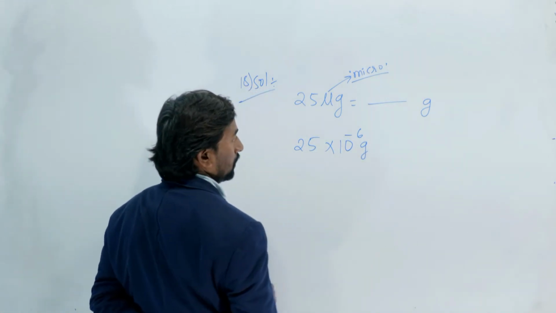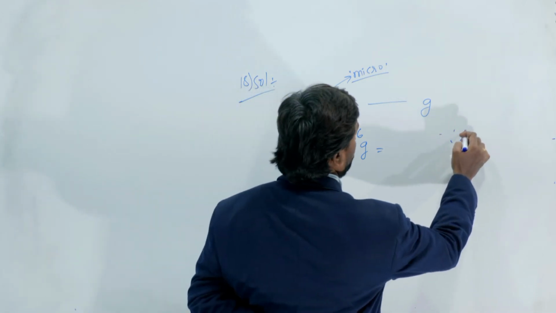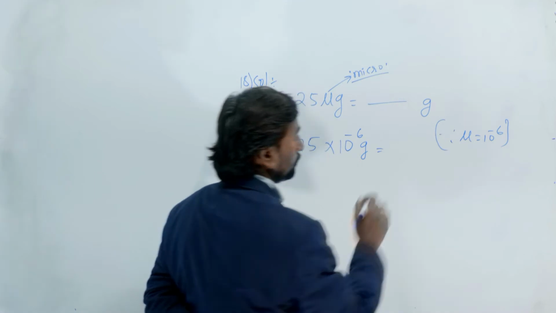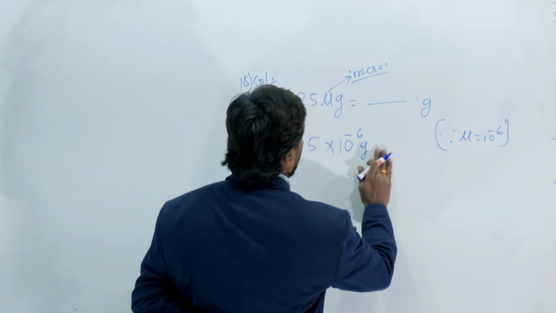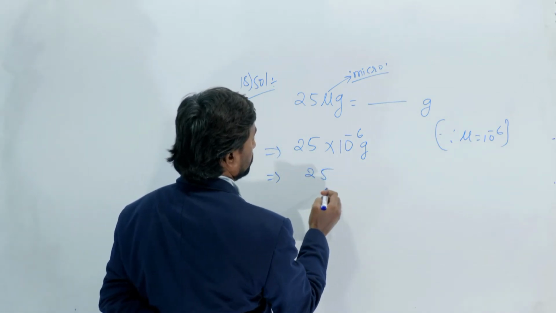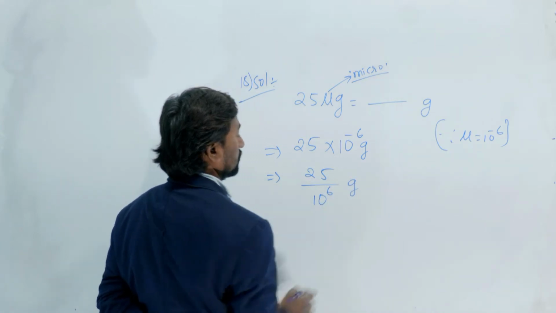So mu is nothing but 10 to the power of minus 6. Now we can write 25 divided by 10 to the power of 6 grams.